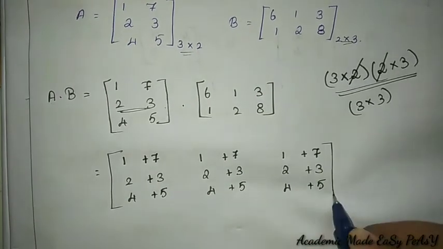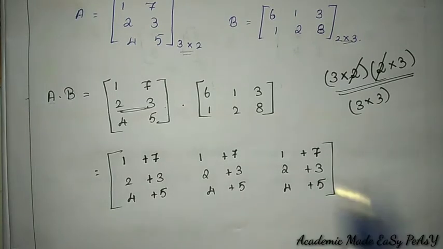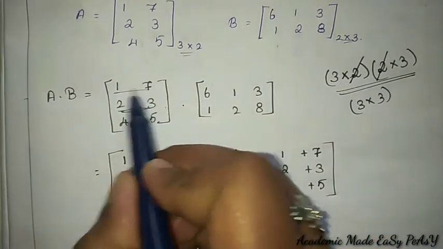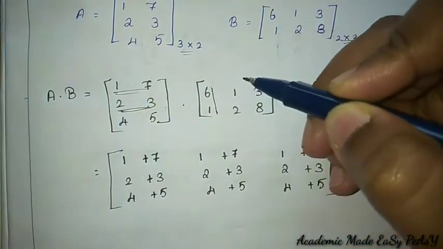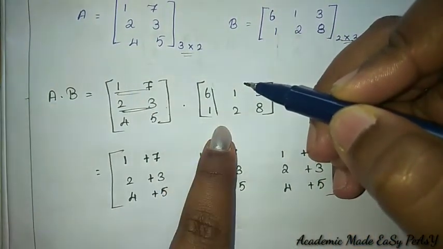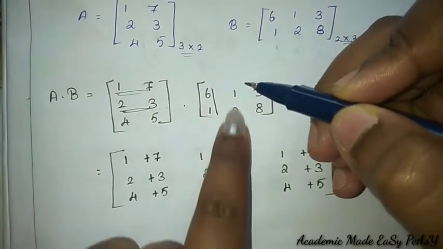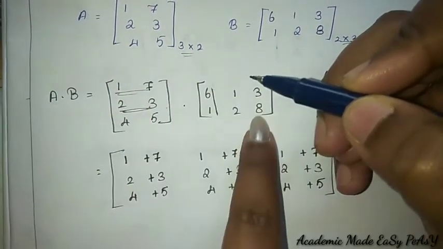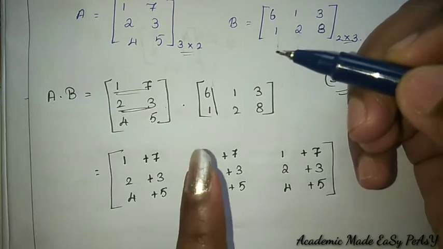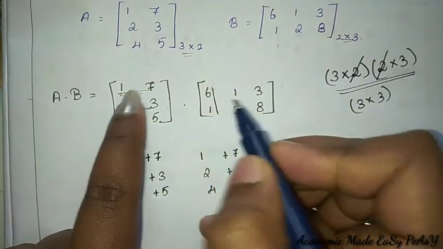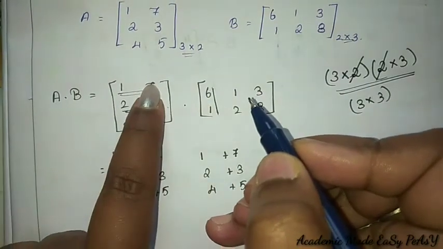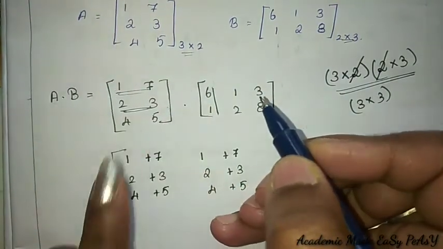So now I have to multiply with the matrix B. I have written the rows, so next I have moved to the columns. First row with first column, next first row with second column, first row with third column. We will be doing it in such a way. Now let's move on: the first element with first element, the second element with second element. We have to do it like that.